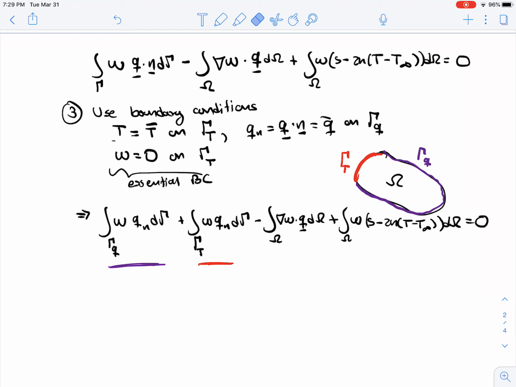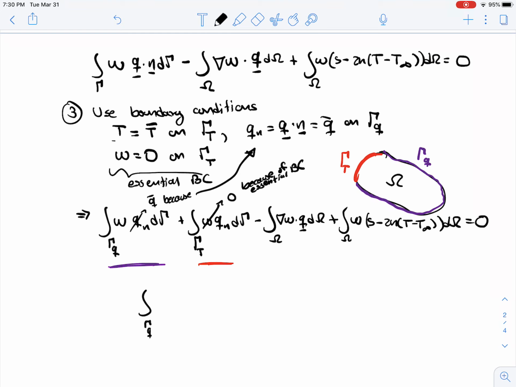And then here we're going to use the fact that on the part of the boundary where we have the essential boundary conditions, w equals 0. So here w equals 0 because of the essential boundary condition. And here we know qn, that one is q bar because of that. And so here this whole integral will disappear, and then here I'm going to substitute q bar.